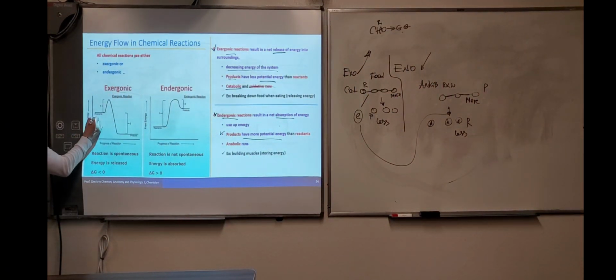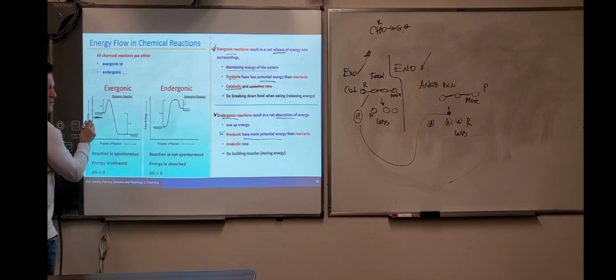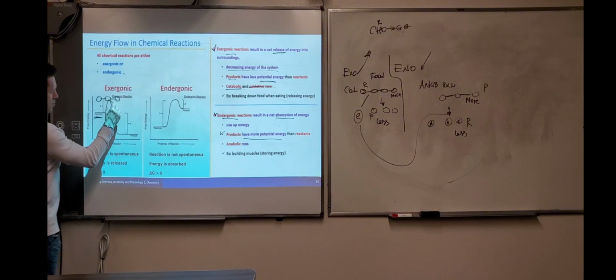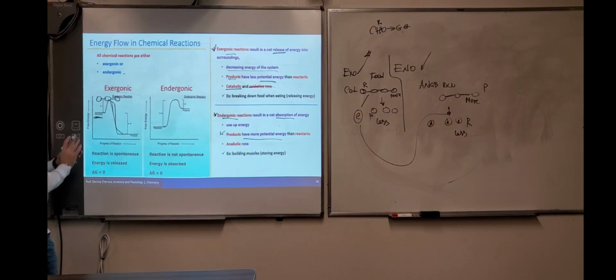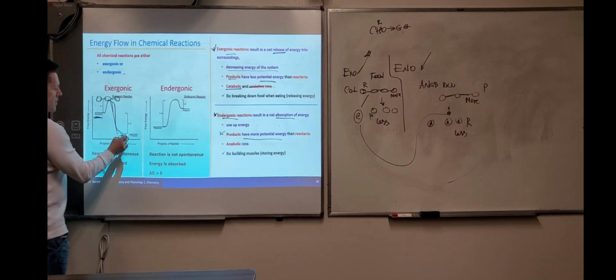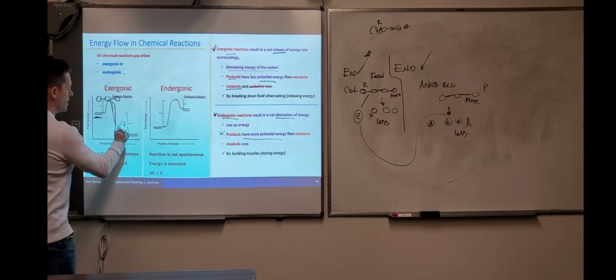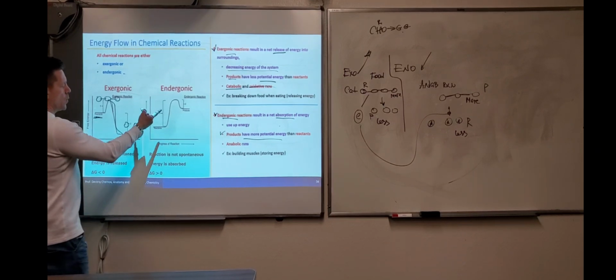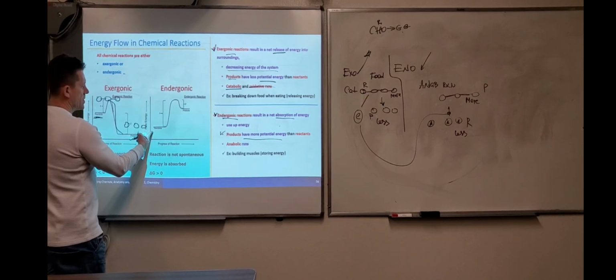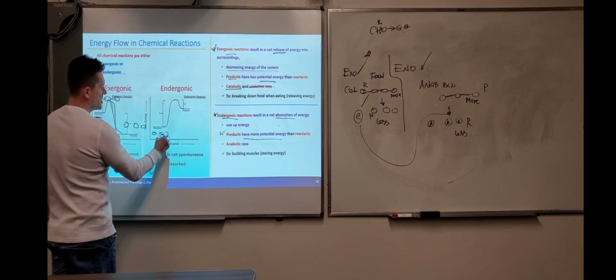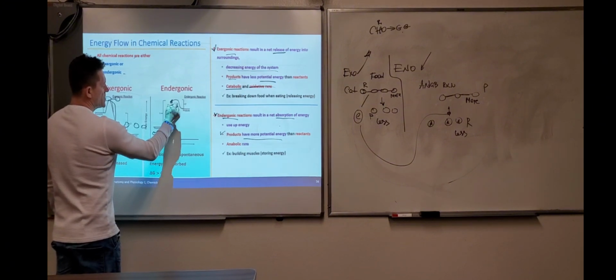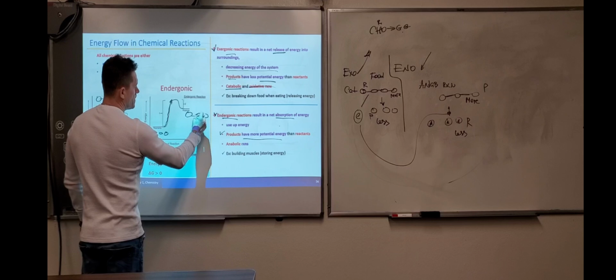In exergonic reactions, your reactants have higher potential energy, but then your products, because you're breaking it down, you're releasing energy, right? So now your products have less potential energy. With endergonic reactions, your reactants have less potential energy, and your products have more potential energy.